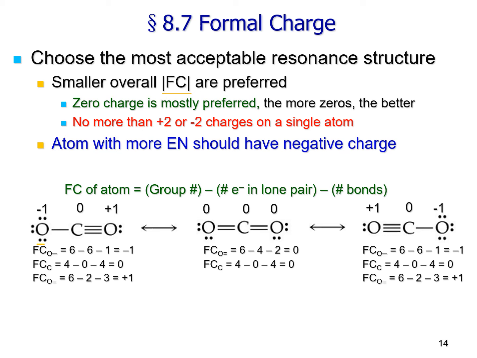If there is a charge, it's got to be fluorine, because fluorine will do anything to get that electron. And fluorine is the most electronegative element. So it must have a negative charge, if negative charge needs to be assigned to an atom.